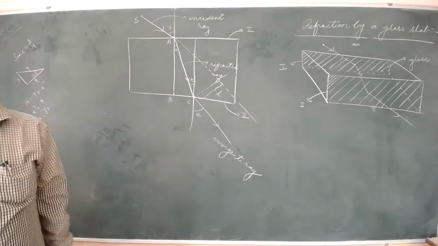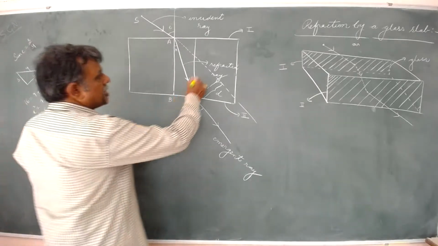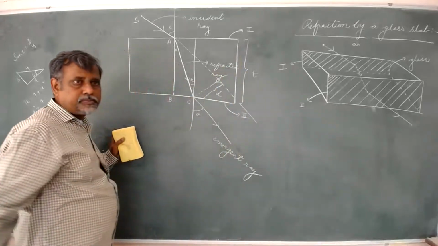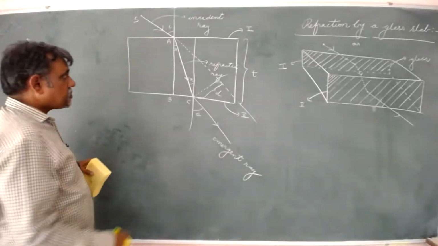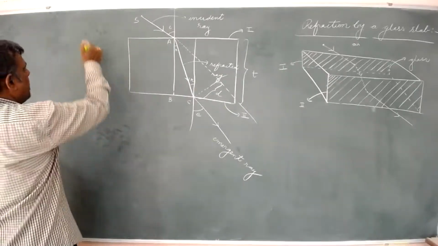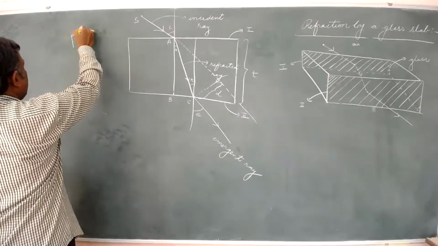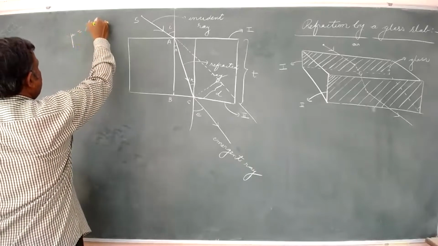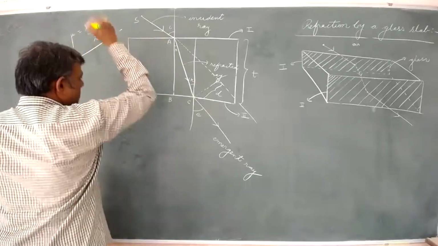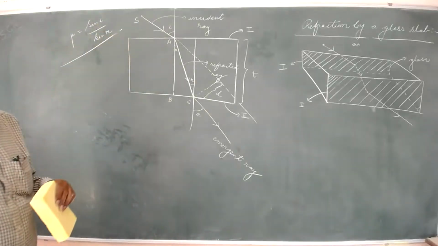The thickness of the slab is small t. To find the refractive index of the glass slab, the same formula is used, which is sin I by sin r.